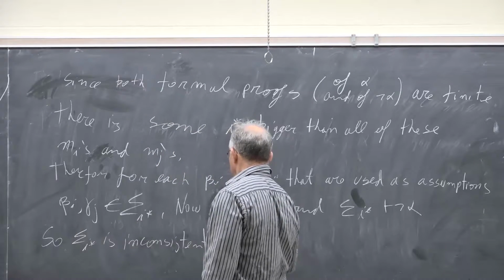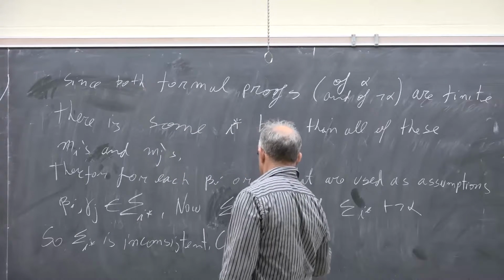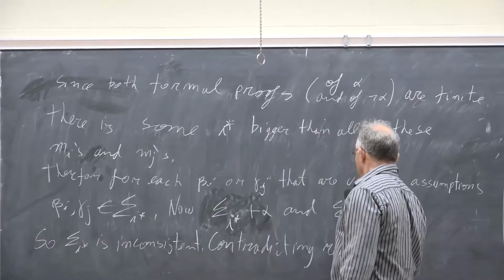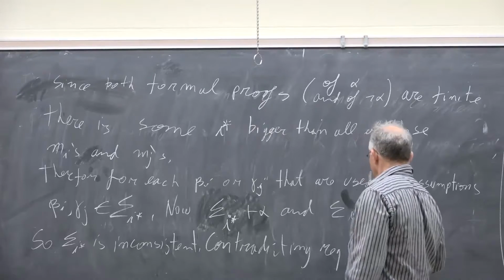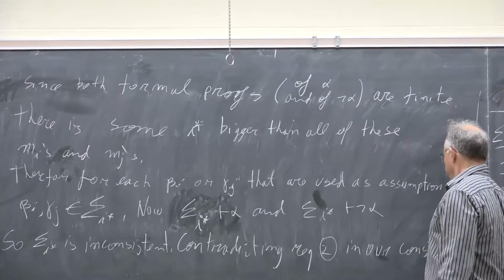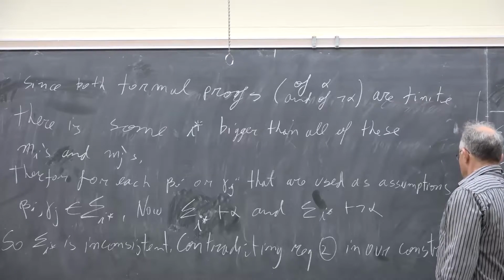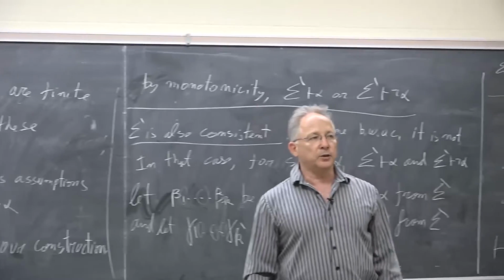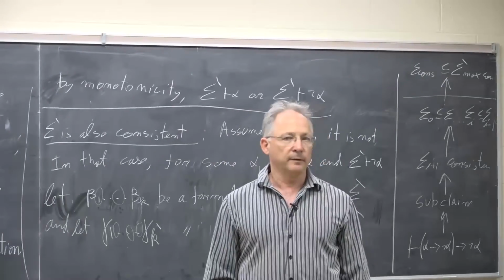And that's contradicting requirement 2 in our construction. Because in our construction, requirement 2 said each alpha I is consistent.